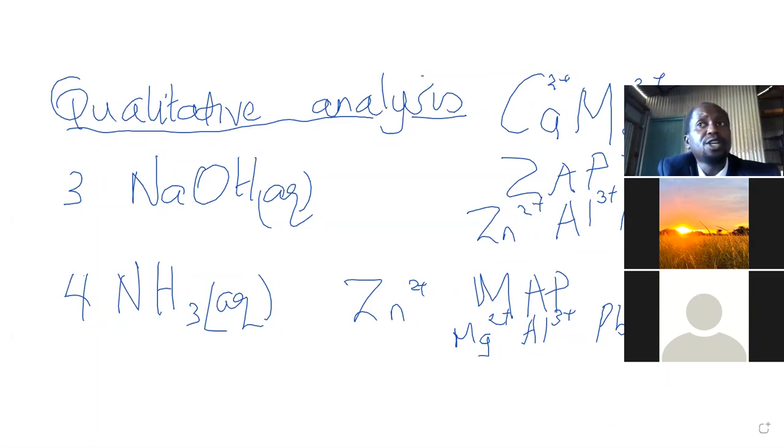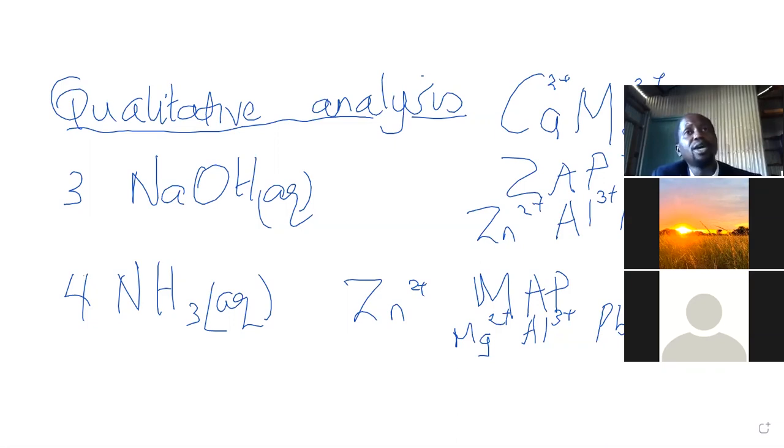Third possible observation is the confirmatory test for zinc. White precipitate soluble in excess, which the inference would be zinc ions present.